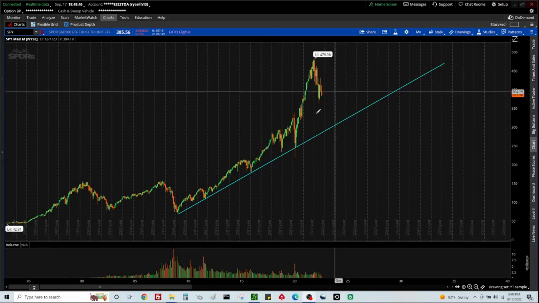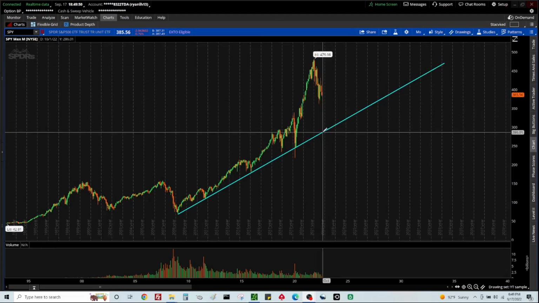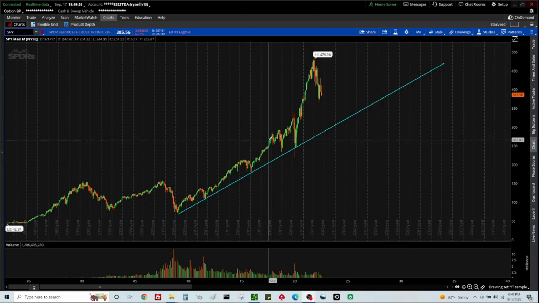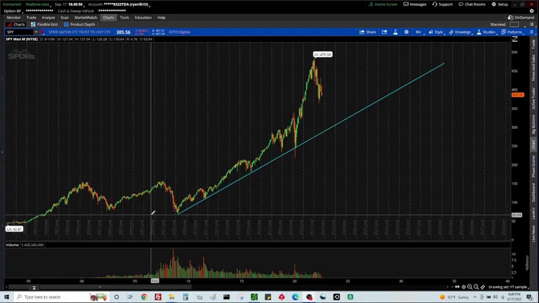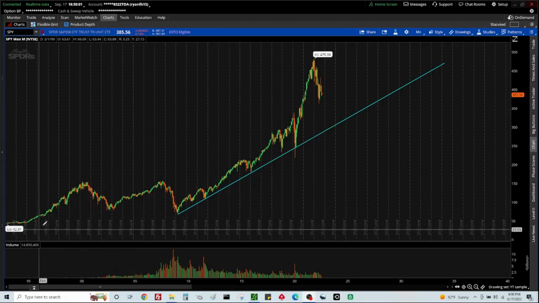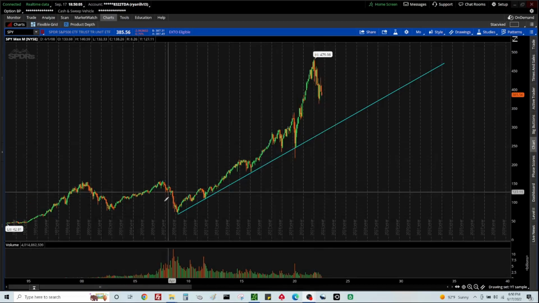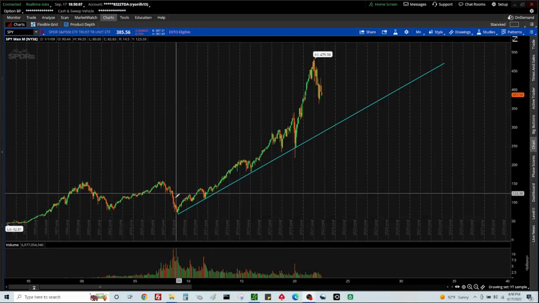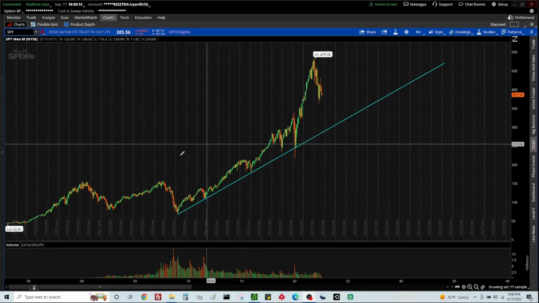So what this is telling us is that every time the price has hit this blue line, it has bounced off. All right, so that is our long-term support for beginners purposes, just because it's easy to find the long-term support that's bounced off.